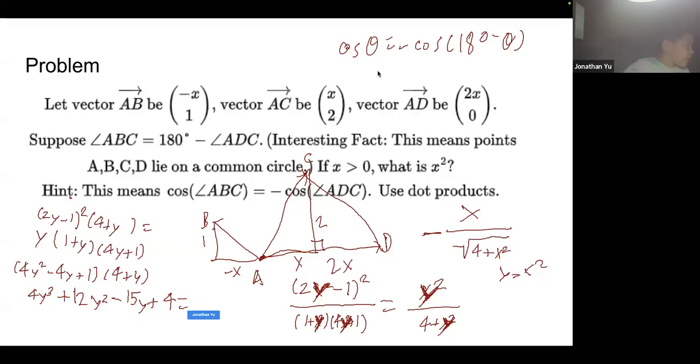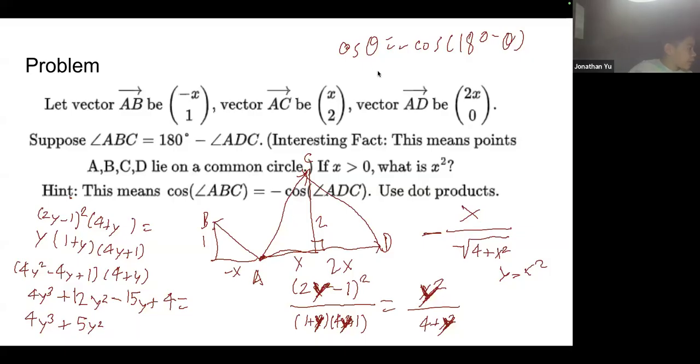And for the right-hand side, the cubic term is 1 times 1 times 4. The quadratic term is y times 1 plus y times 1 times 4y, which is 5y squared.